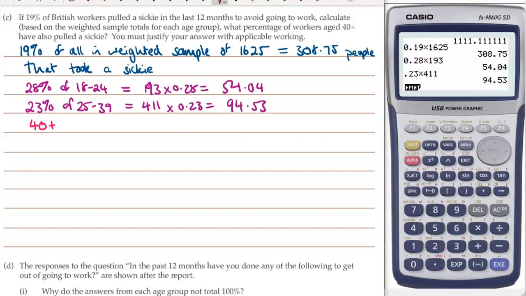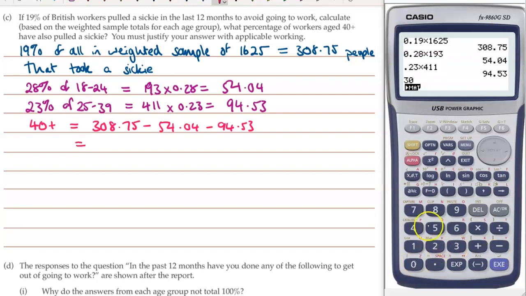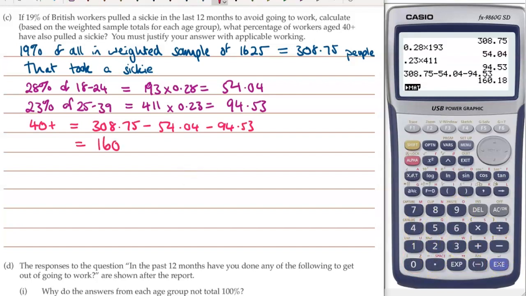So then aged 40 plus has got to be 308.75 minus those two to see what's left. So that's 160.18, and we need to now turn that into a percentage. Now the percentage we want is what percentage of workers aged over 40 took the sickie.